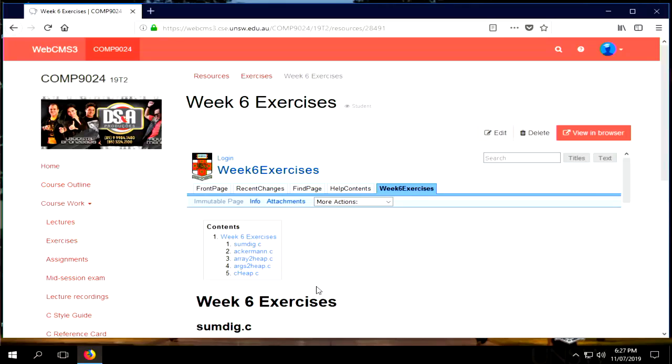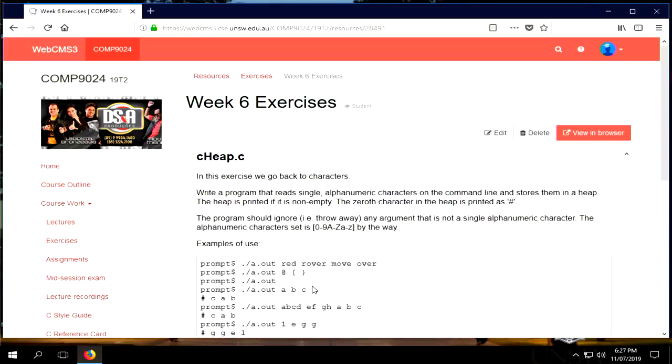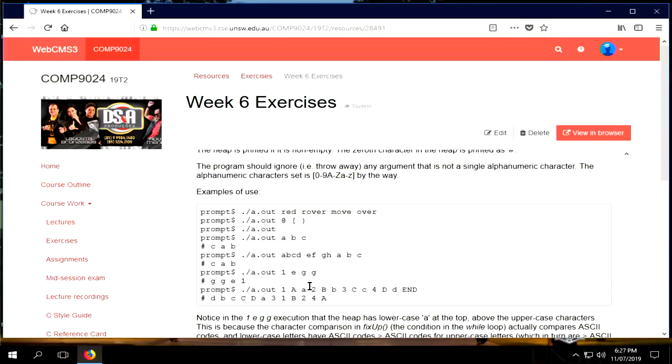Okay, this is now character heap. And just to keep you on your toes, I say, let's do this character heap program. It doesn't actually bring anything new, because it's basically the same thing, except for integers.